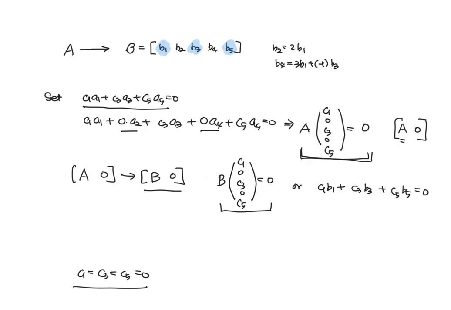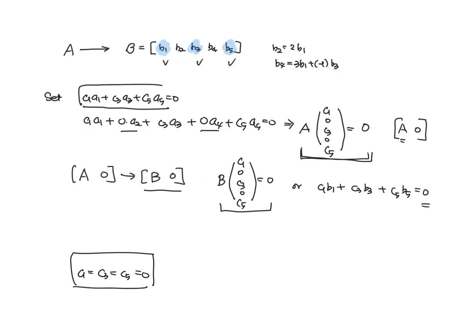Now I know that B1, B3, B5 are the pivot columns. In other words, they are linearly independent. This linearly independent set will generate the 0 vector only with 0 coefficients. So that 0 vector can be constructed only when these 3 numbers are zeros.